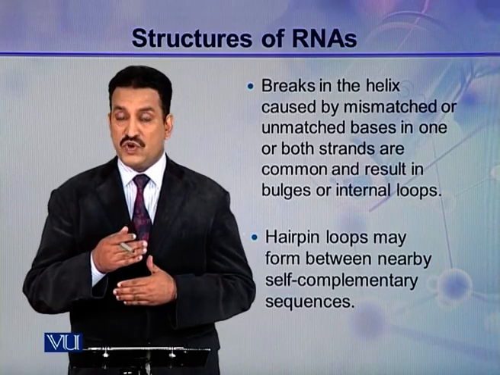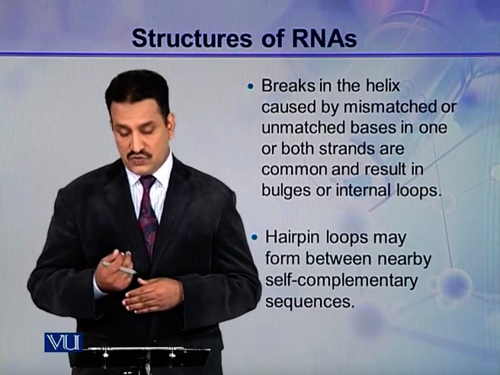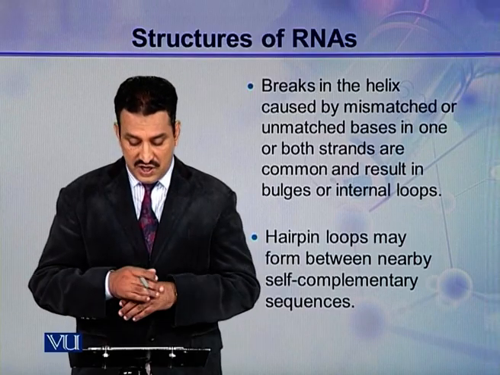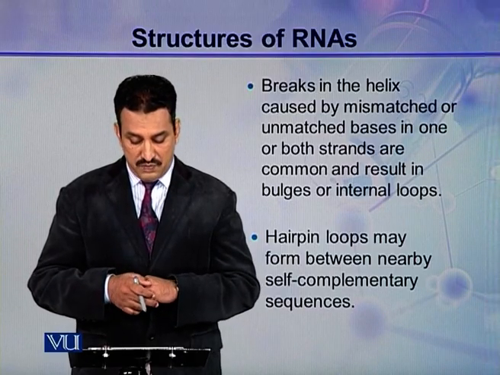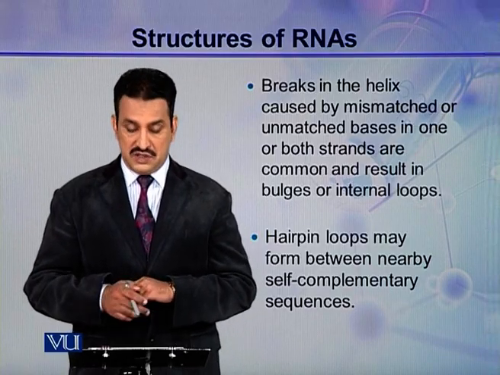So at these points, either a bulge is formed or a loop is formed. Similarly, another type of loop, which is called a hairpin loop, may form between nearby self-complementary sequences.